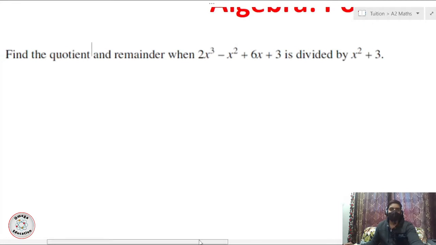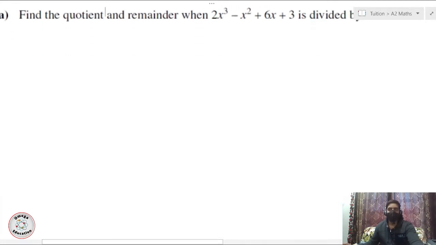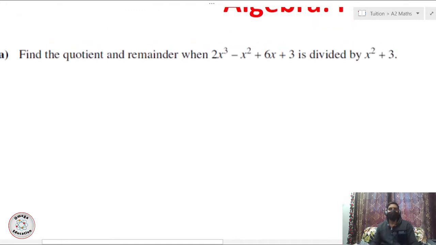So it reads, find the quotient and remainder when you have a polynomial, this thing, divided by x squared plus 3. Alright, so let's start with it.